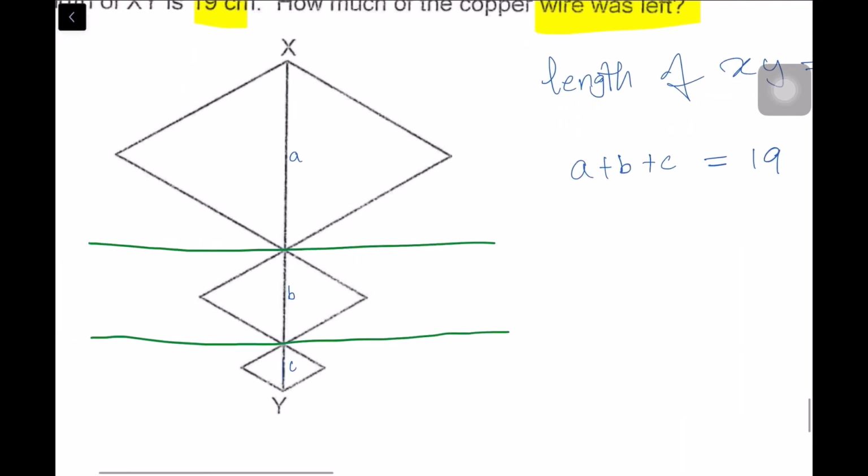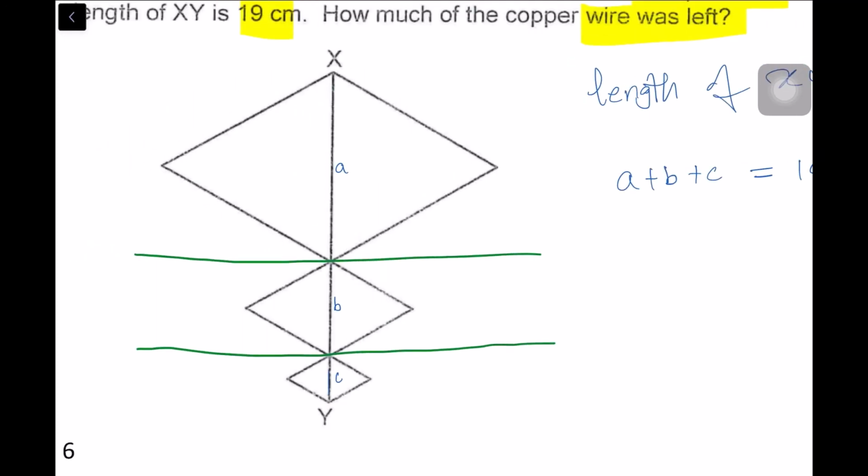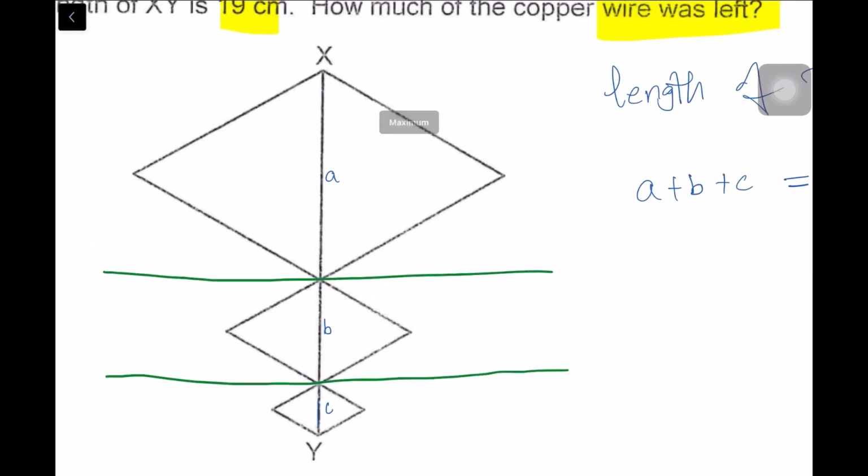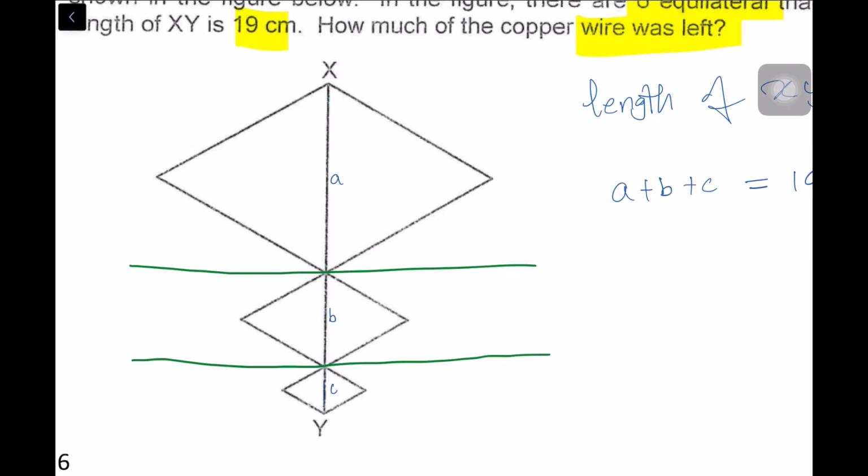And now since this figure is made up of 6 equilateral triangles, we know that the sides of the largest triangle are a and a, the medium sized triangle are b, and the sides of the smallest triangle are c.